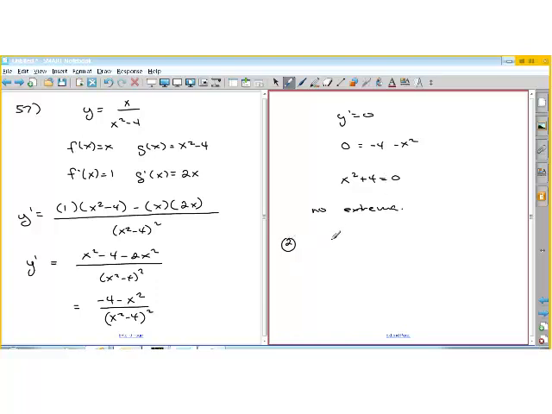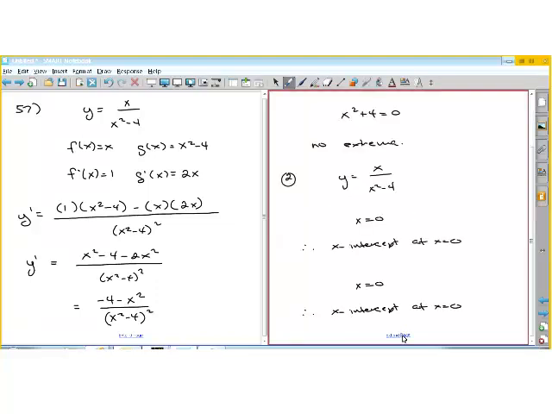So all we have to do is you look at the original function, you look at the numerator, and you say, okay, when is the numerator equal to 0? Well, when x equals 0. So we have an x-intercept at x equals 0.